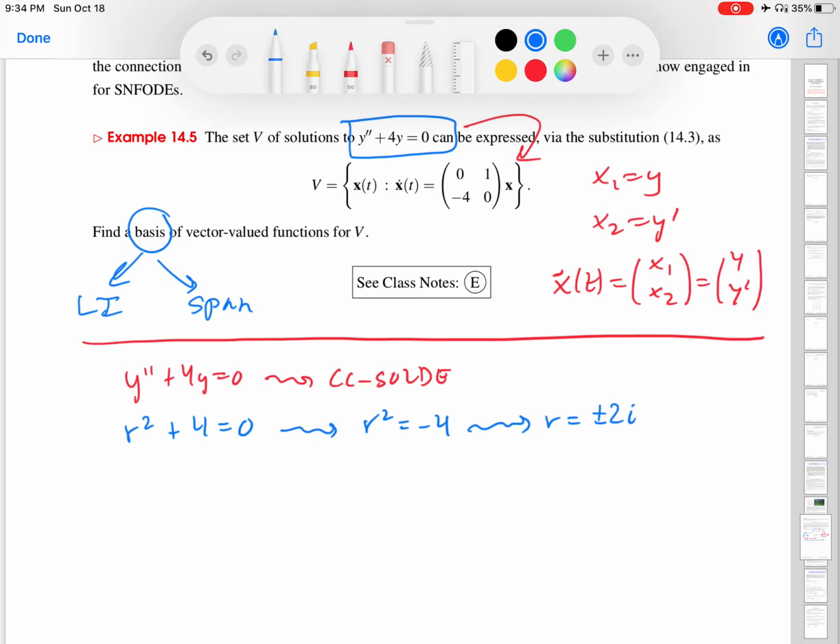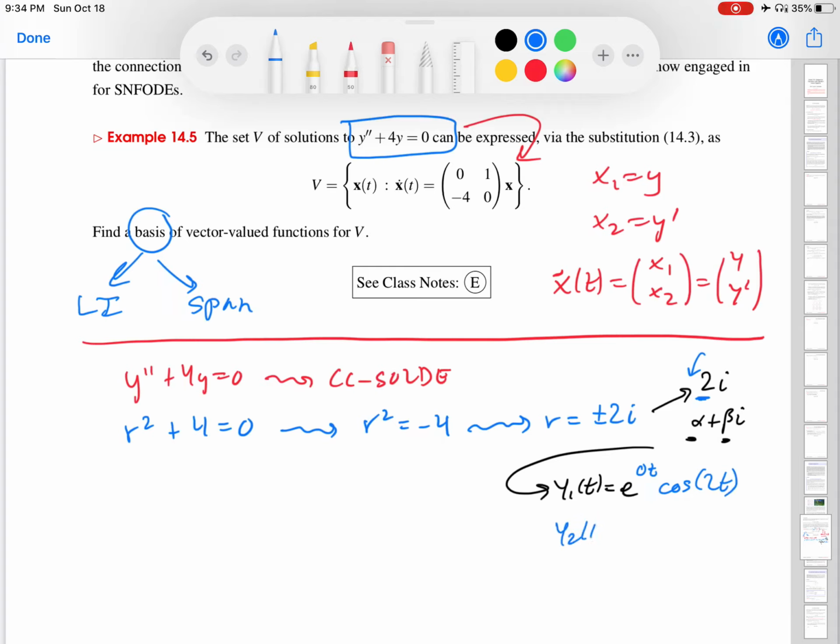Remember that the solutions we get from here, we only take the number with the positive imaginary root, and then we write it in the form alpha plus beta i. We look at its real part, we look at its imaginary part, and we get two solutions. We get y1 of t equals e to the alpha t, but in this case, the real part here is 0, so e to the 0t, cosine of the imaginary part, which is 2, cosine 2t.